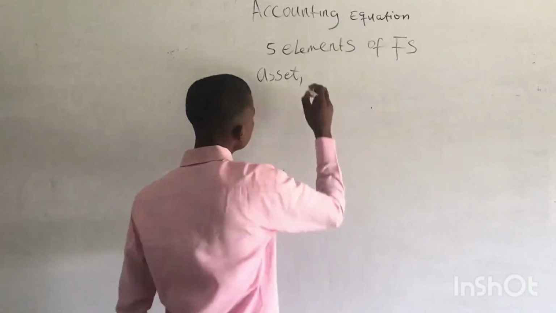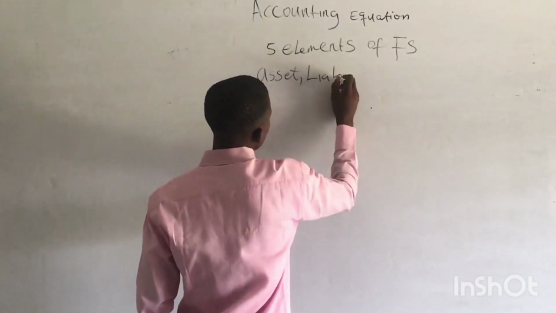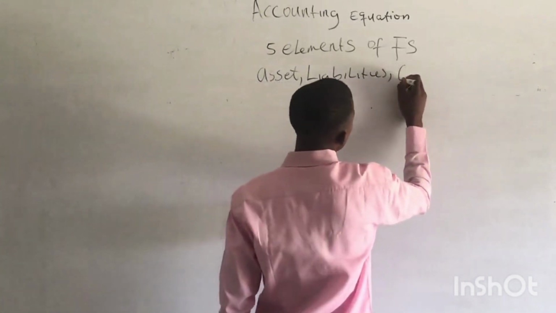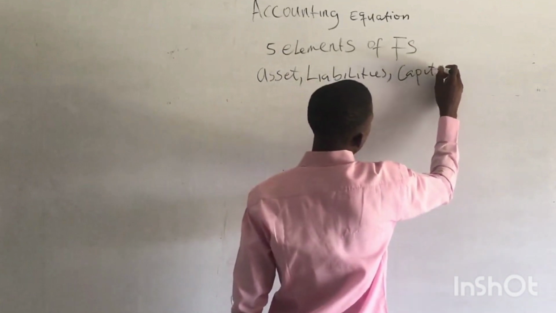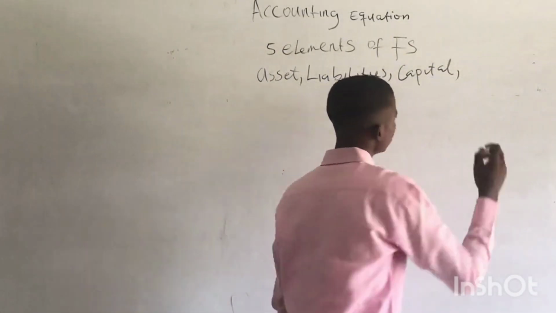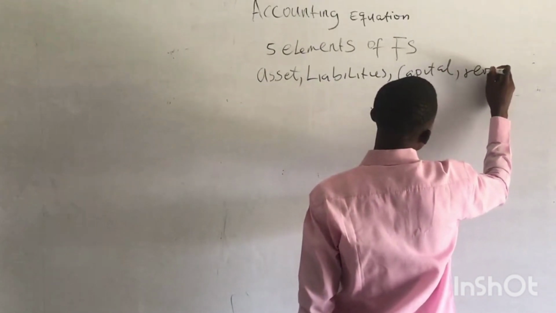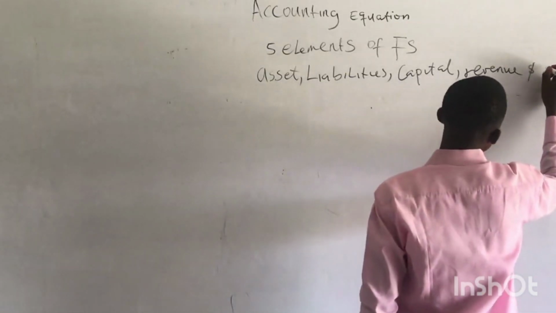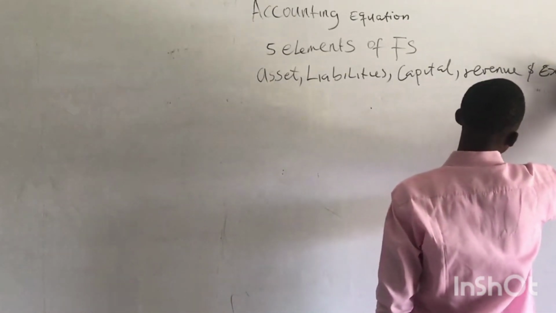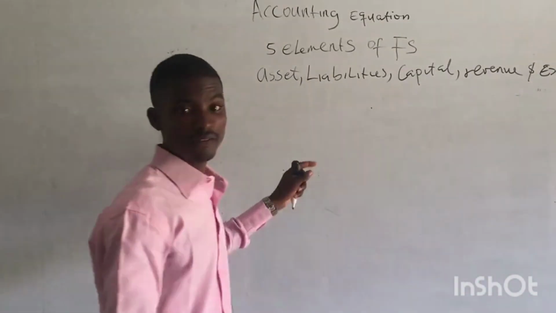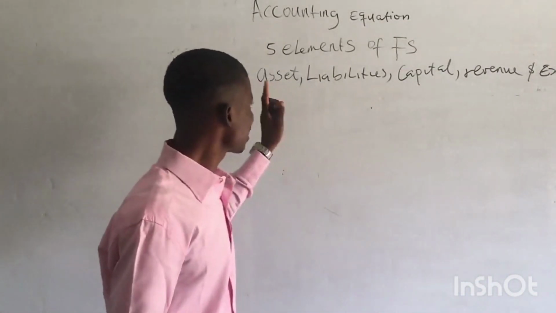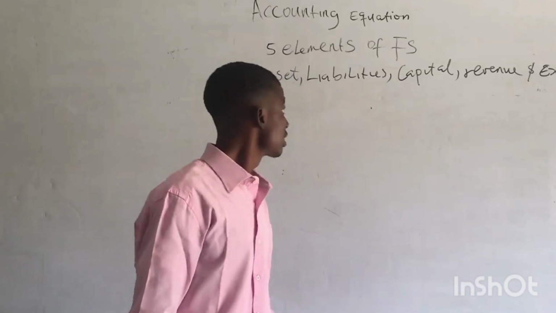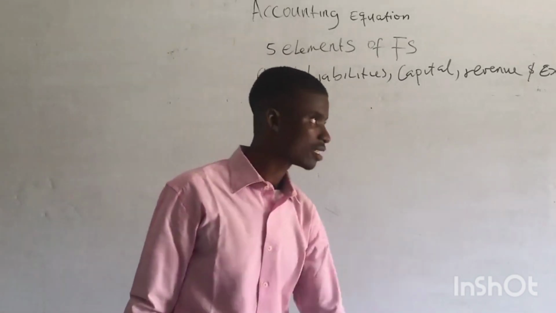We have liabilities, and we have capital. We have revenue, and finally we have expenses. So these are the 5 elements of financial statements. We have assets, we have liability, we have capital, we have revenue and expenses. These are the 5 elements of every financial statement.